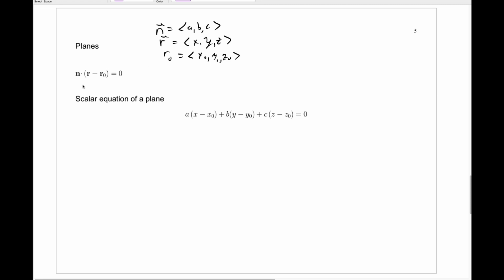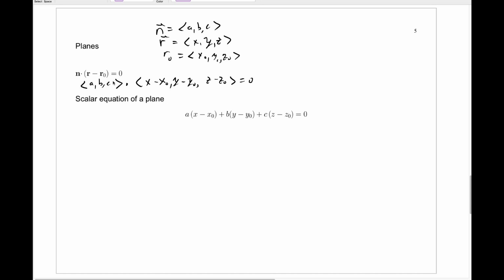Well, this equation becomes a, b, c dot product with r minus r naught. That's the vector x minus x naught, y minus y naught, and z minus z naught. And that should be 0.